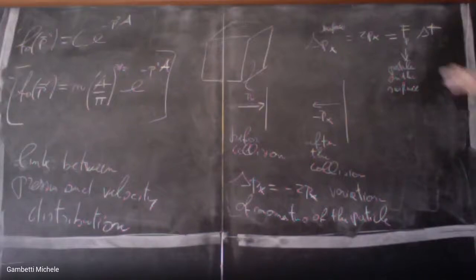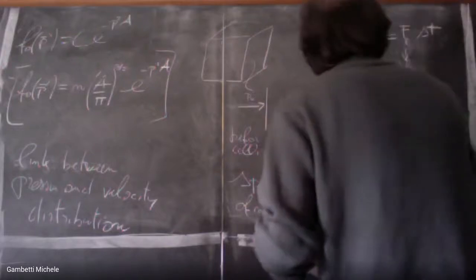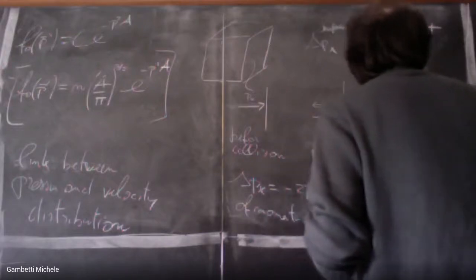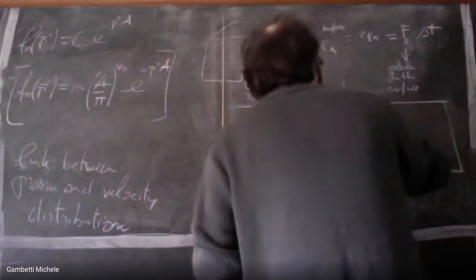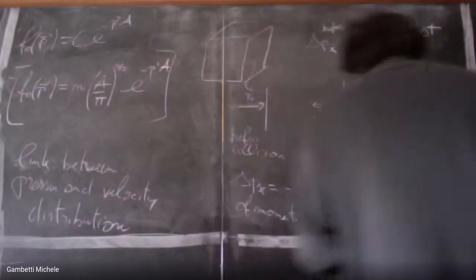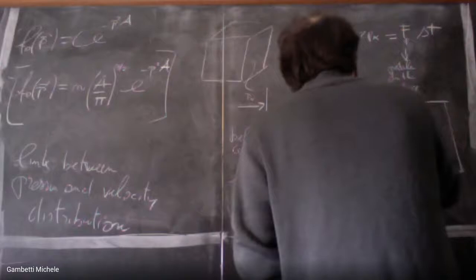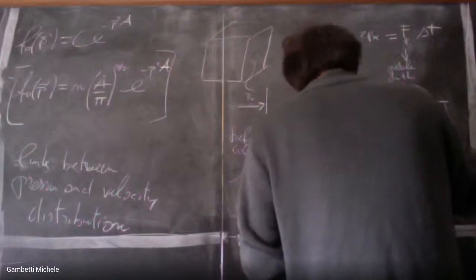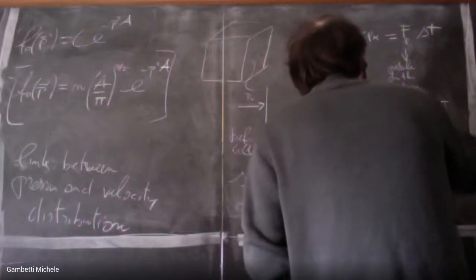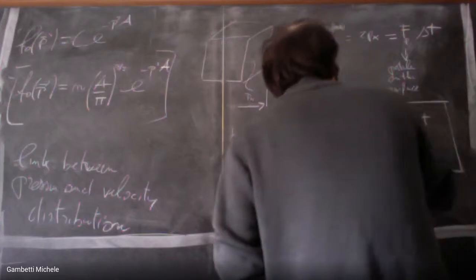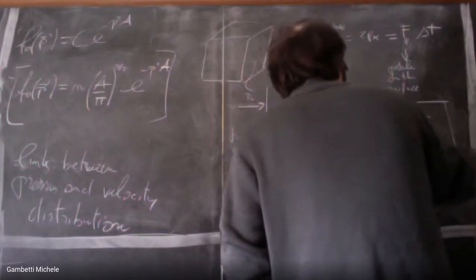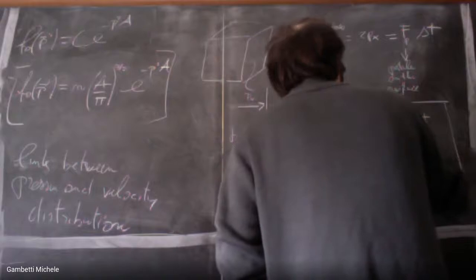So now force and pressure are related by the fact that the pressure is just a force divided by S. And so for a single particle collision, I can write the 2px is equal to ps delta t, where p is the pressure and s is the surface.